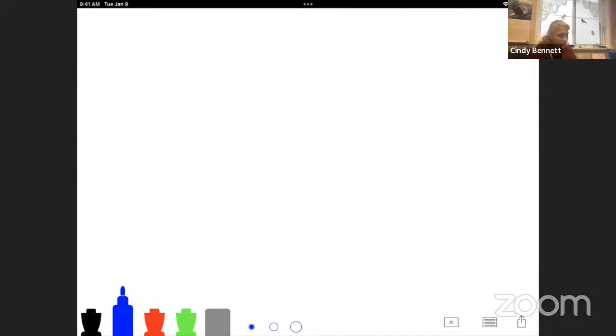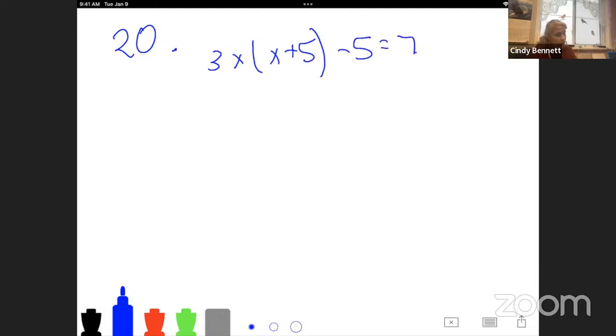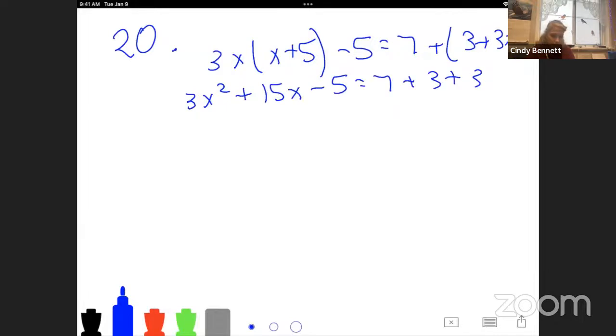Number 20. Final is solve for x. So 3x times x plus 5 minus 5 equals 7 plus 3x squared. Okay, so you're going to multiply as much as you can out. 3x squared plus 15x minus 5 equals 7 plus 3x squared.